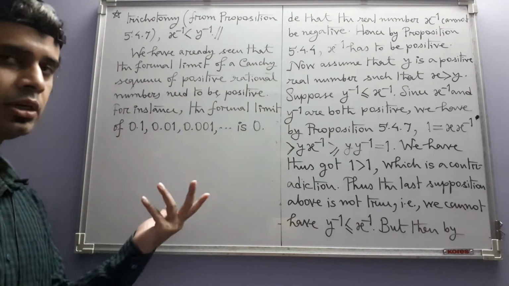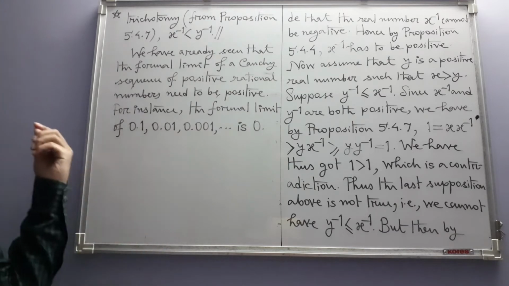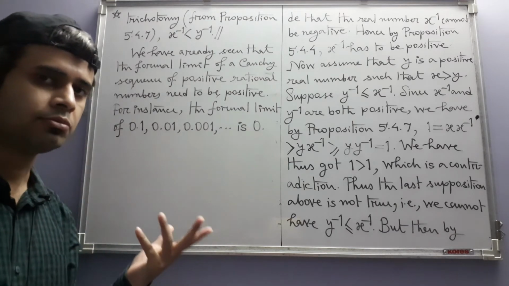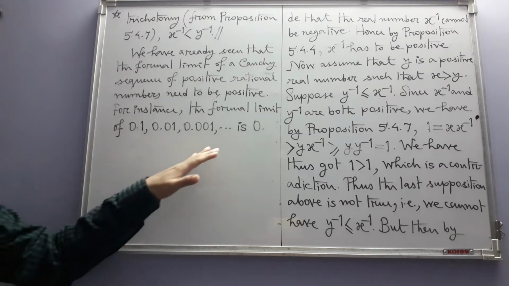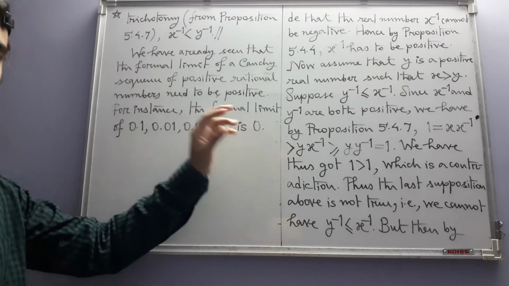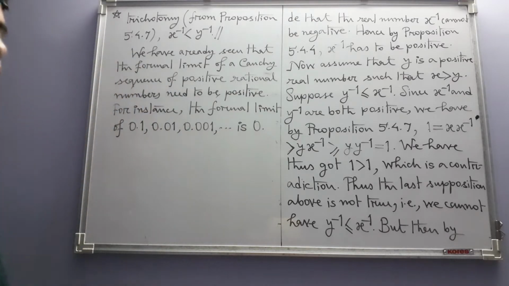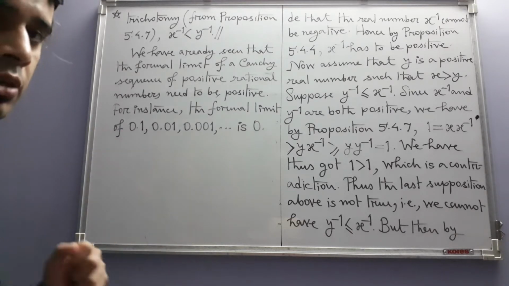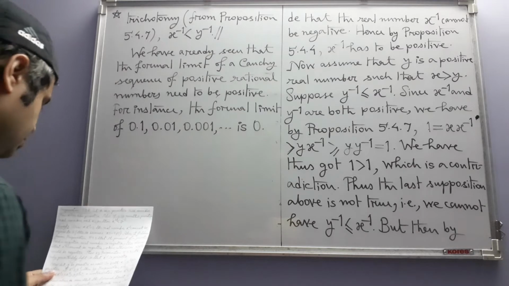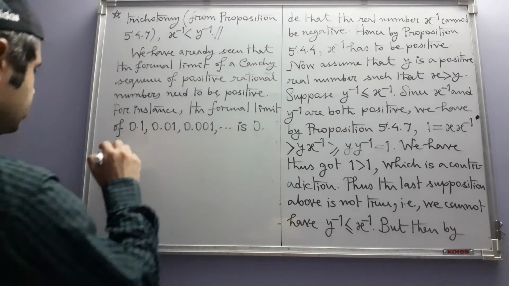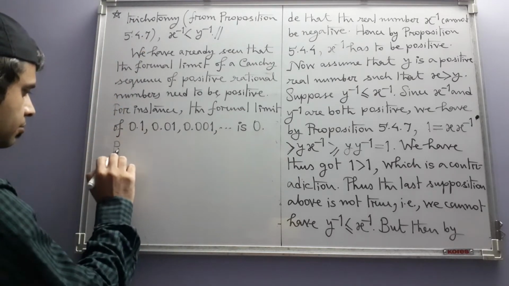So we already know this is a Cauchy sequence and all the terms in this sequence are positive rational numbers. But despite that, the formal limit is 0. So positivity of a sequence of rational numbers does not guarantee that the formal limit also has to be positive. But if we replace positive by non-negative, then the formal limit also has to be non-negative. And that is the next proposition.